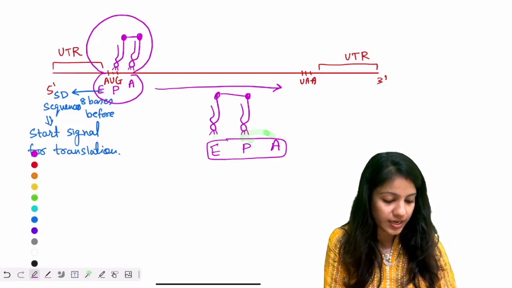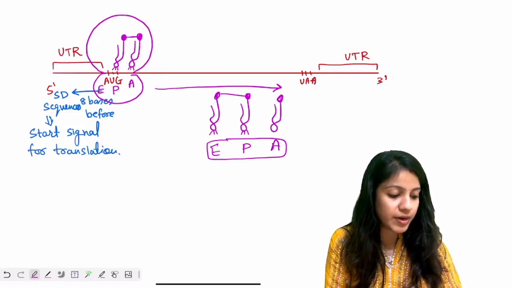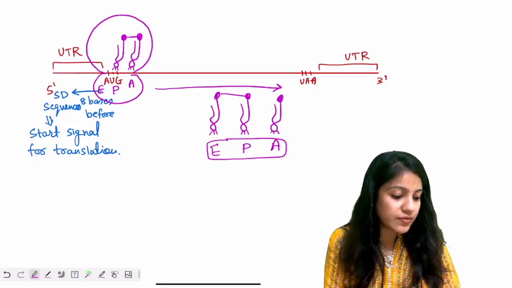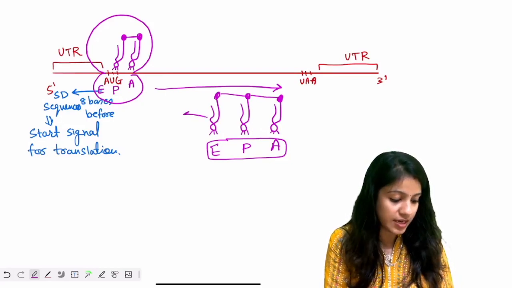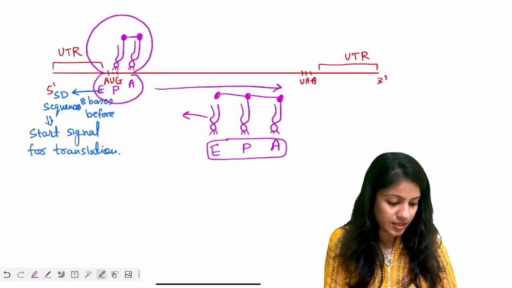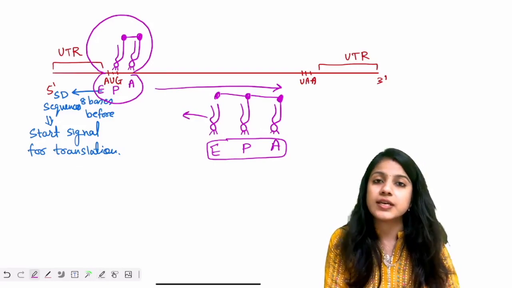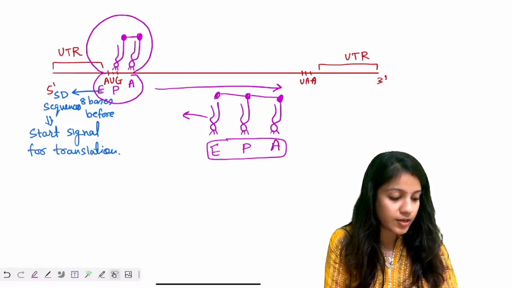Now a new tRNA will come and bind on the A site, carrying a new amino acid, right? It will help in the formation of peptide bond. By that time, this tRNA will get detached, it will get released from the amino acid and it will take an exit. Now again the same process, the ribosome is getting shifted.